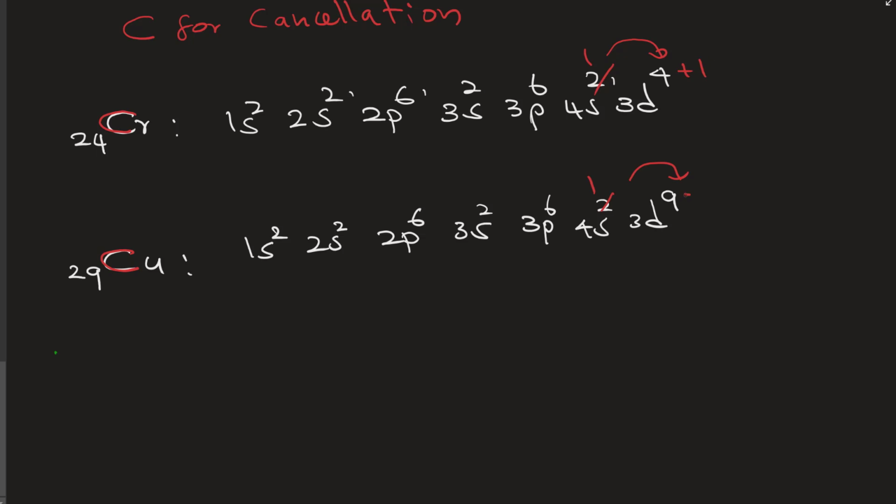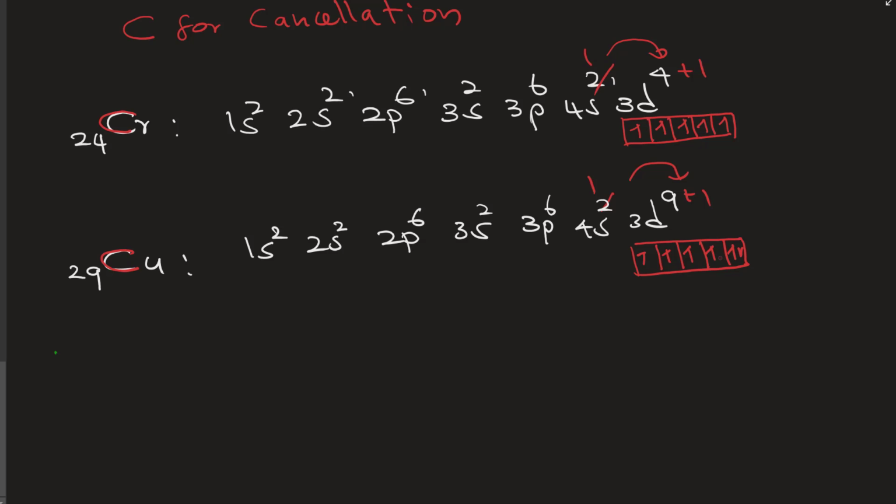In both cases, why do we do that? Look at this one: 3d has 4, so we're going to fill one missing hole, right? And in the copper case, you have 3d9. So 1, 1, 1 at a time, and then you double, double, double, one missing, you steal one from 4s and you put it there.